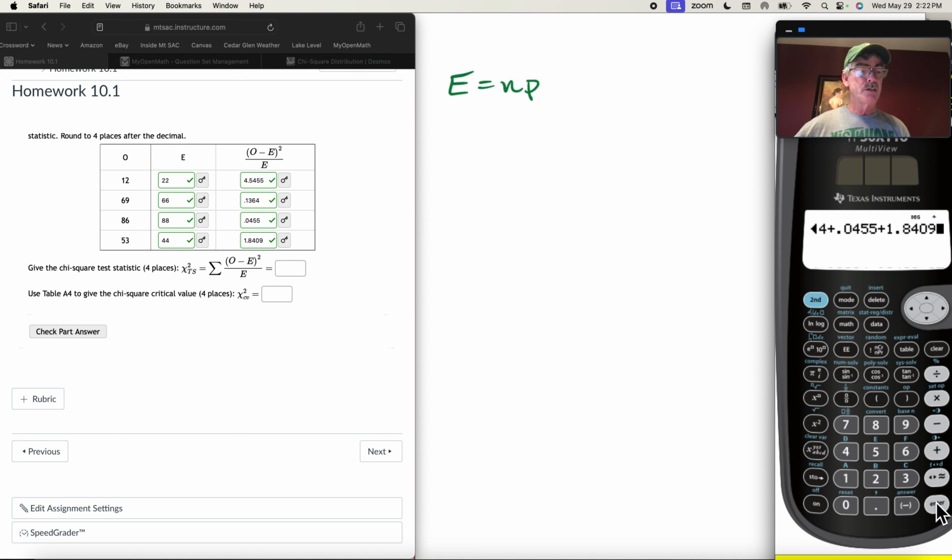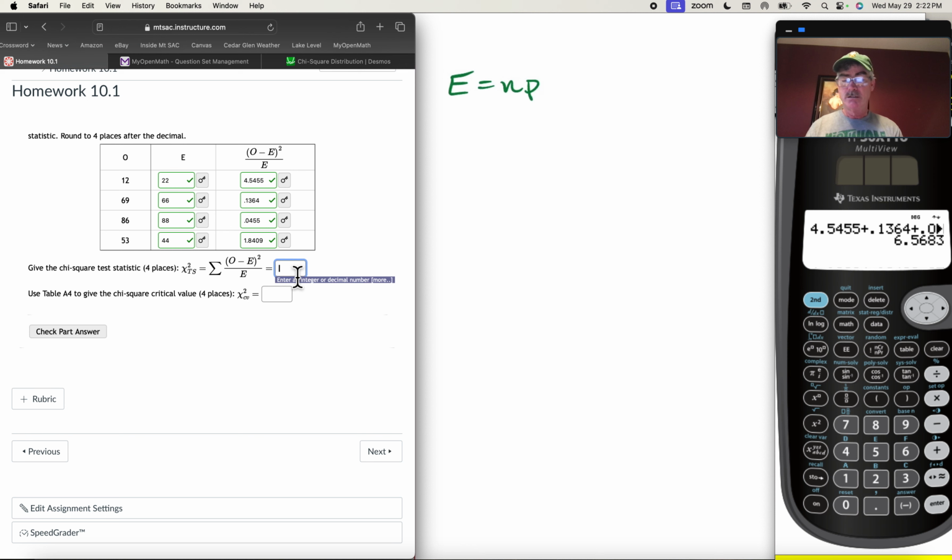Like that. So I add them all up. 6.5683. Got my fingers crossed here. Like that. 6.5683. Good. All right. And then let's just check that.